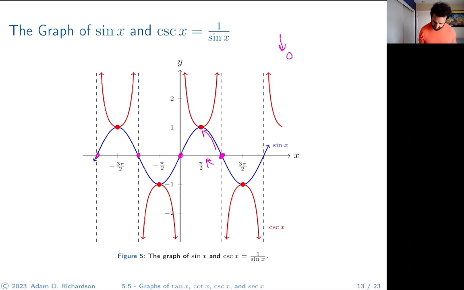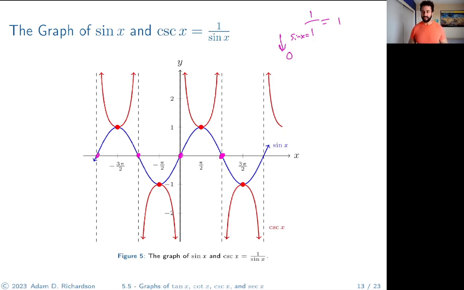And in particular, we know that 1 over 1 is equal to 1. So when sine of x is equal to 1, we're going to have 1. And that's why you get all of these points right here. So cosecant touches the graph of sine at every odd multiple of pi over 2.